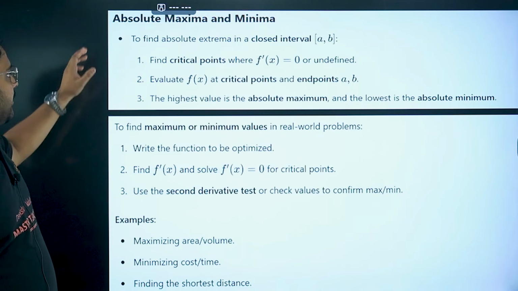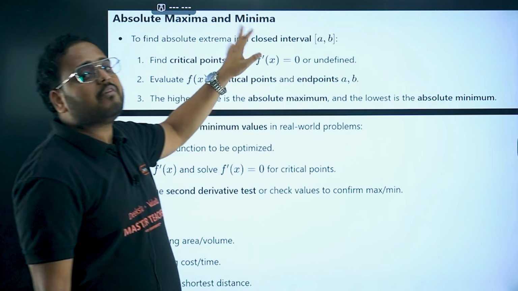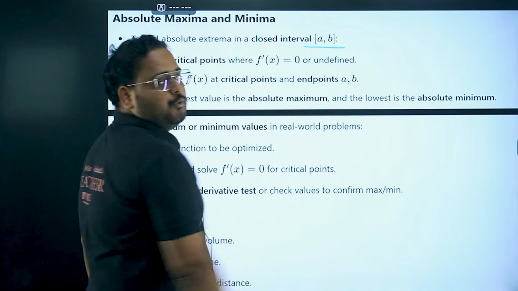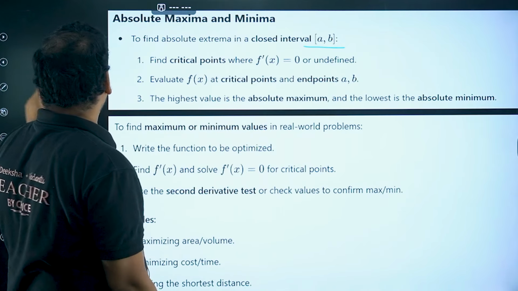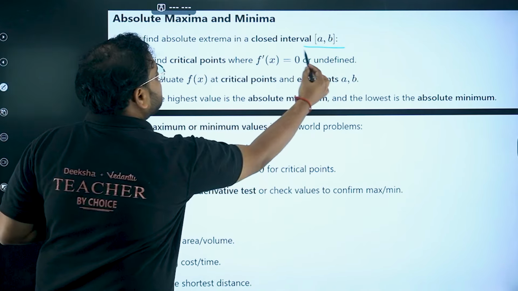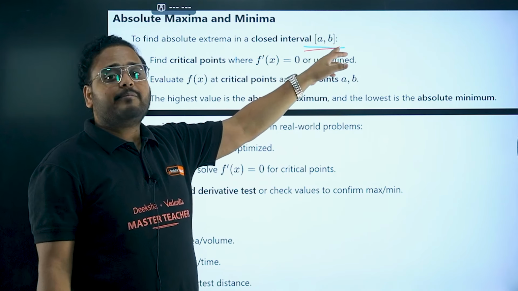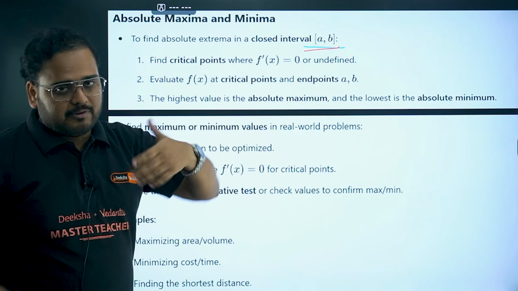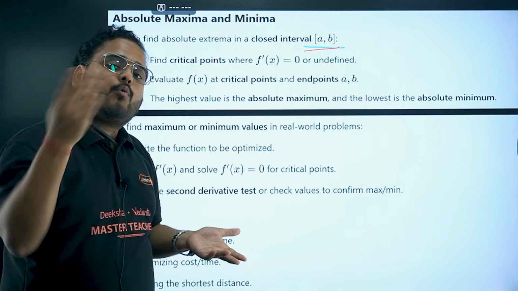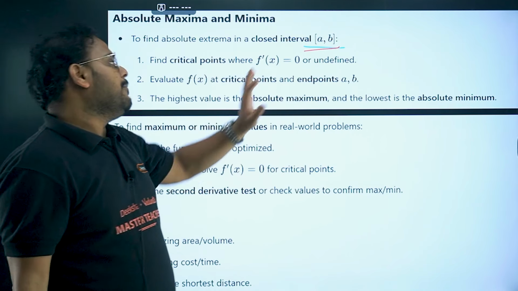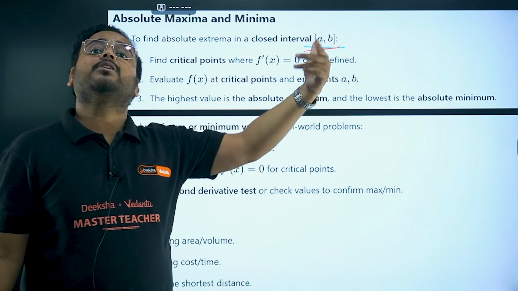Moving on. Absolute maxima and minima will be involved if you have an interval given to you. Then you have to take the values of f(a) and f(b). If the value at c, the critical point, is less than both, it will be absolute minima. If it is more than both, it will be absolute maxima.